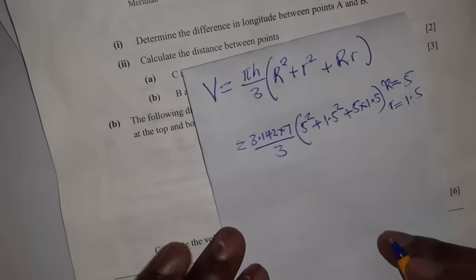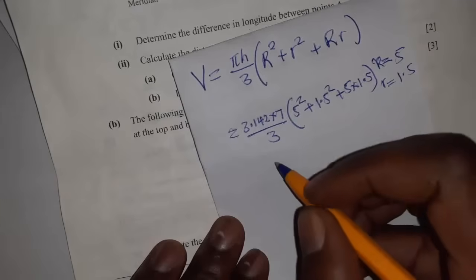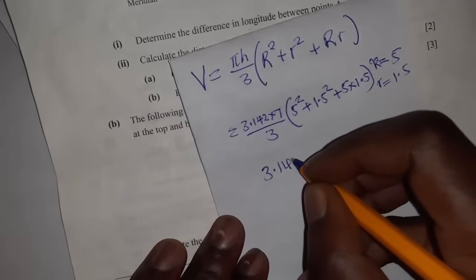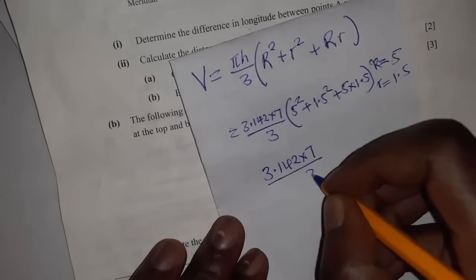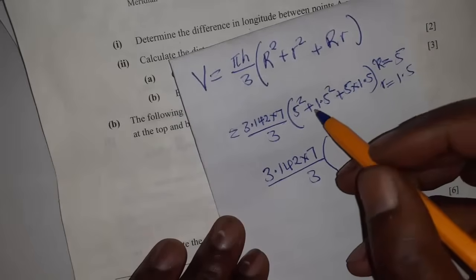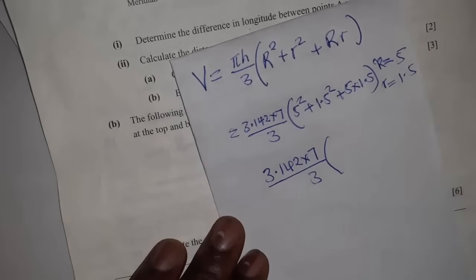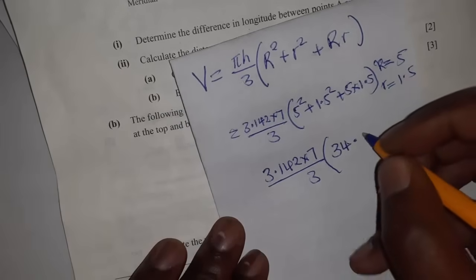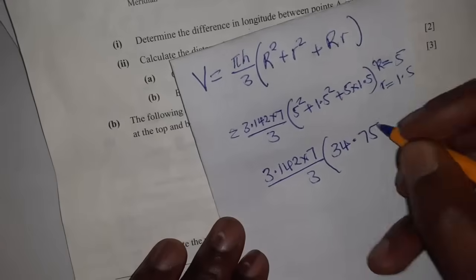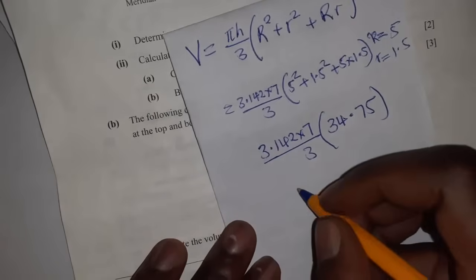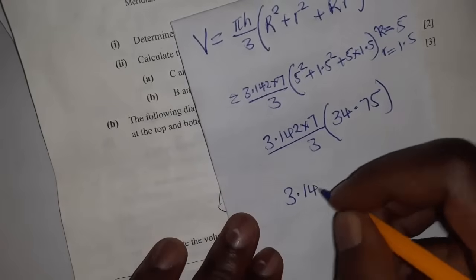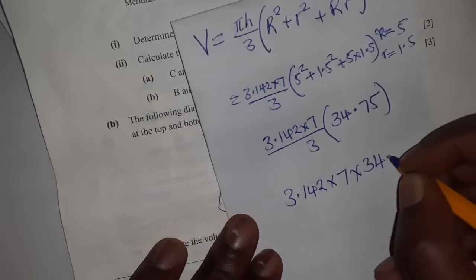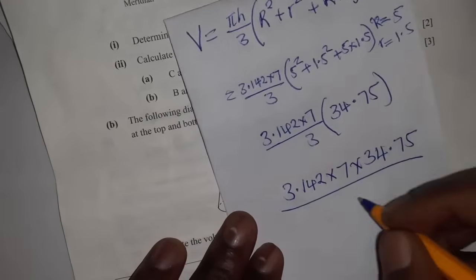All right. So then we have 3.142 multiplied by 7 over 3. When you punch this on your calculator, what are you going to get? This is going to give us 34.75. So we can go further and say 3.142 multiplied by 7 multiplied by 34.75 divided by 3.